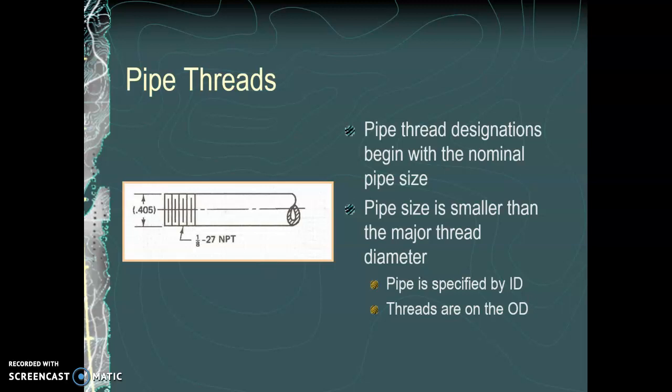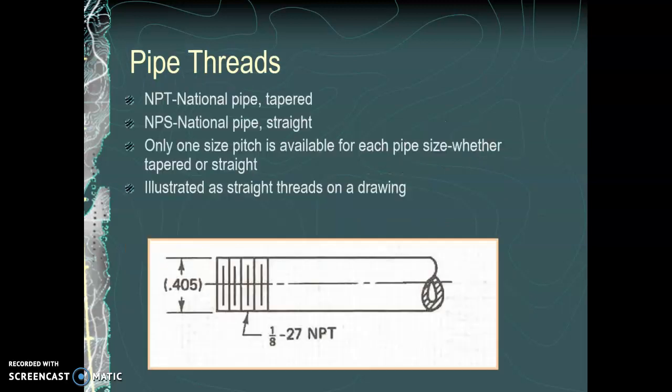Pipes have their own thread form, and there are a few different ones, but the NPT, the National Pipe Tapered, or NPS, National Pipe Straight, are the most common thread forms used. And as the name implies, NPT threads are tapered slightly. So an NPT would be a little more narrow at the end, with a slight taper to it, versus NPS, which does not. It would just be straight.